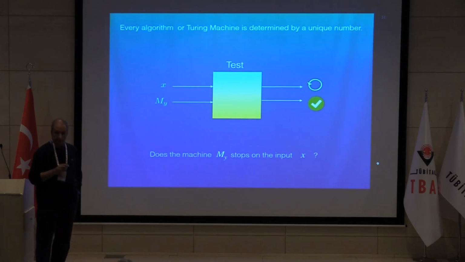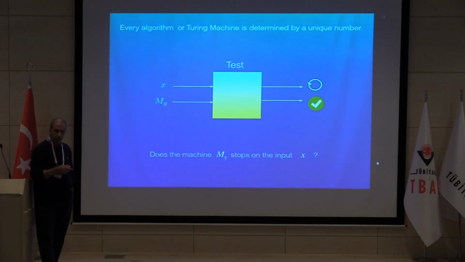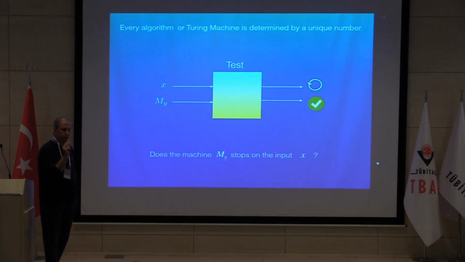The basic part of the proof is that Turing proved that every Turing machine, no matter how complicated, is defined by a number, a natural number. So any Turing machine has a unique number.